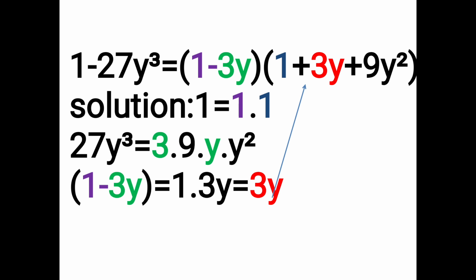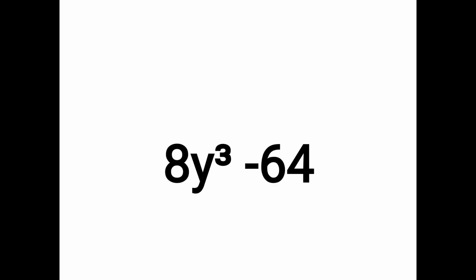For the middle term, multiply the terms of the first factor: 1 times 3y is 3y.